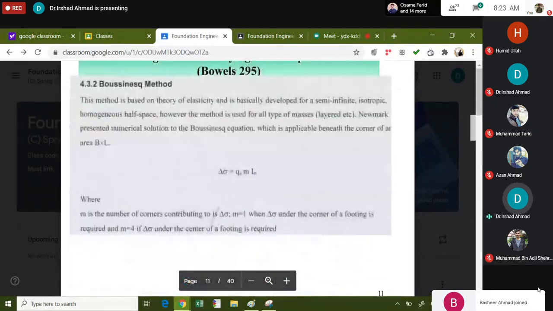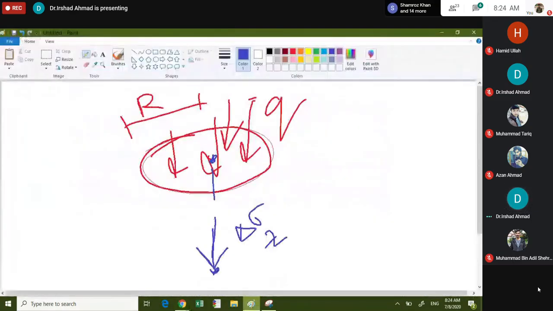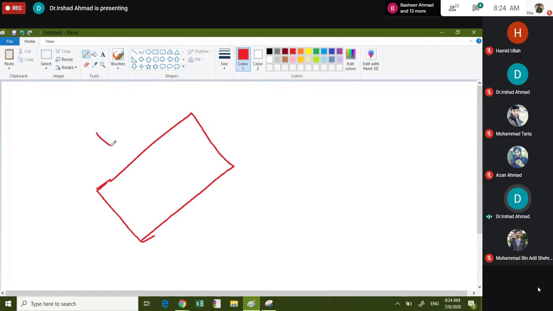The last one is the Boussinesq equation, which gives you stresses under a rectangular footing. So you have a rectangular footing, this is L and this is B, right?